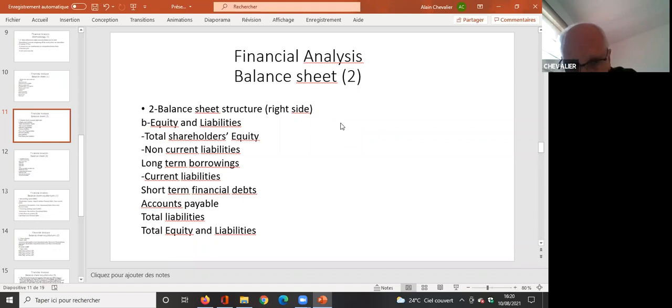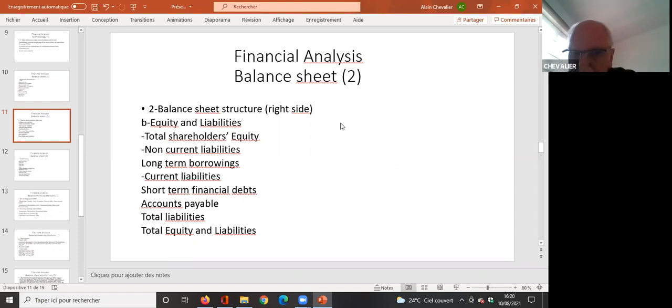Short-term financial debts. We have to come back to that. We have two main categories. It is said here, accounts payable, and accounts payable is part of the operational debts. It means making a distinction between operational debts, which include accounts payable, taxes to be paid, and also debts to the staff.